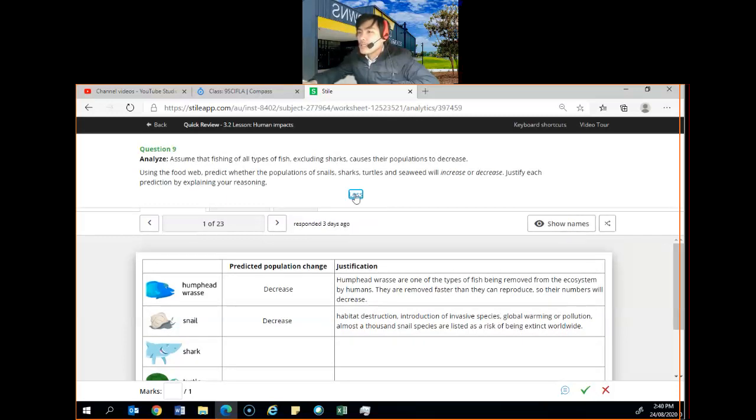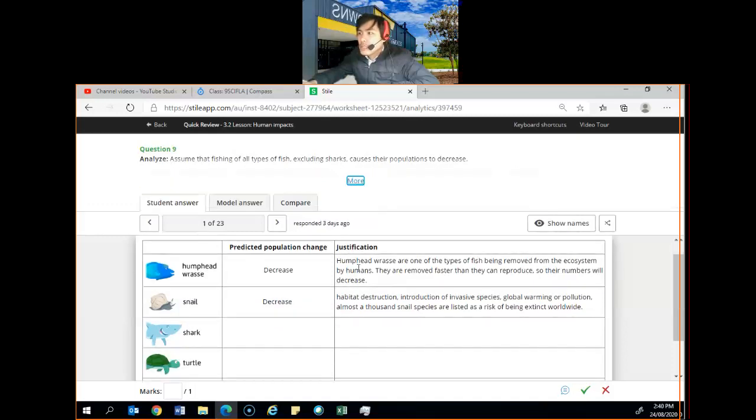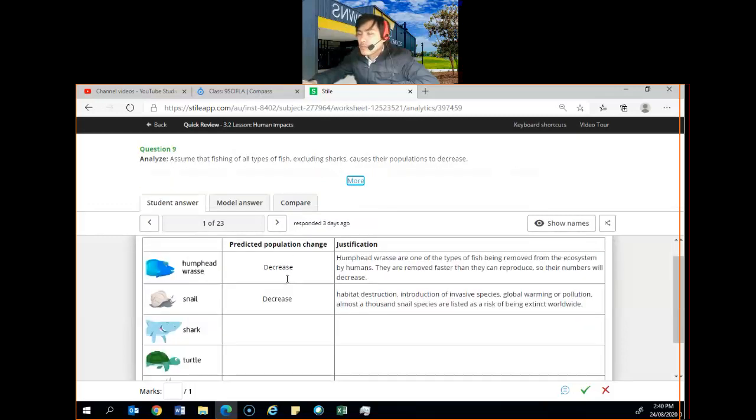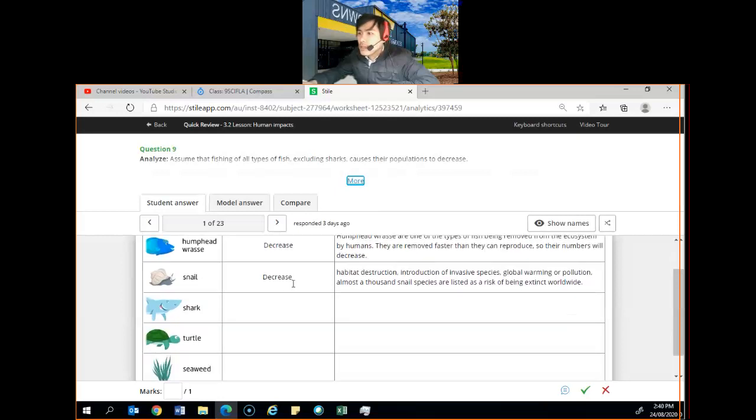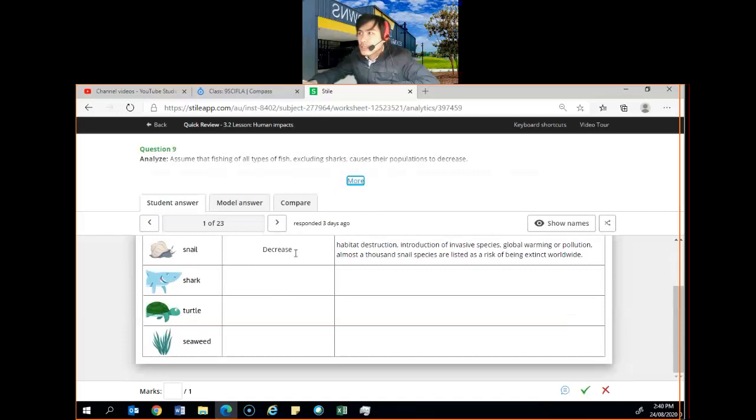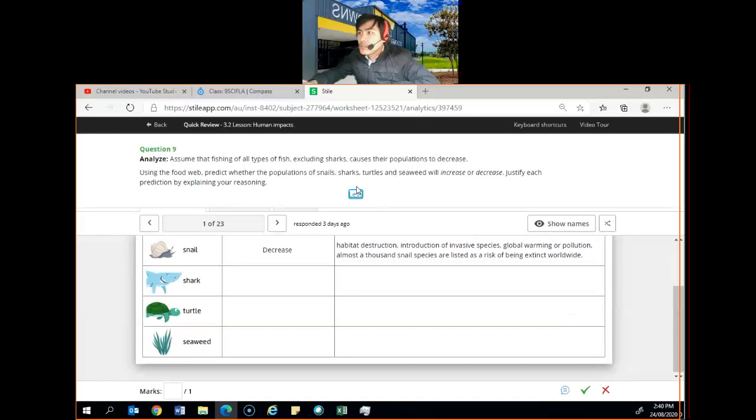Justify each prediction by explaining your reasoning. What I can see here is this person only filled in for the humphead wrasse and the snail. They said it's going to decrease, but they haven't done the shark, the turtle, and the seaweed.